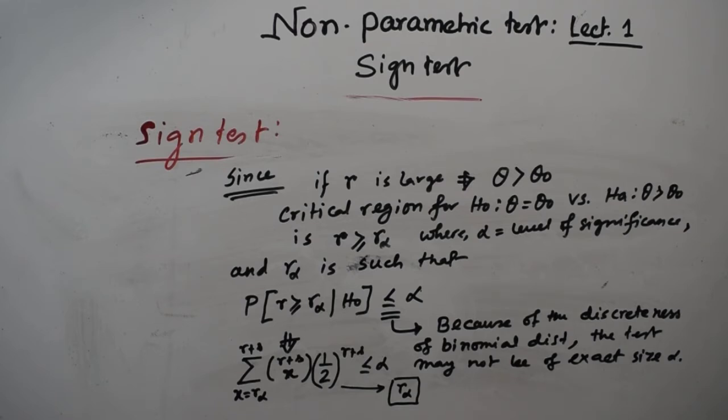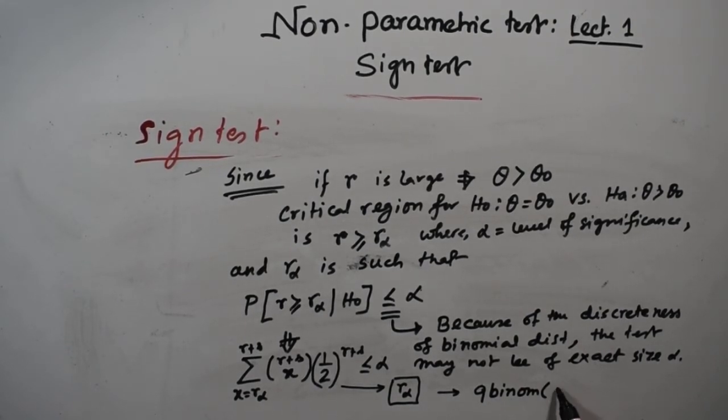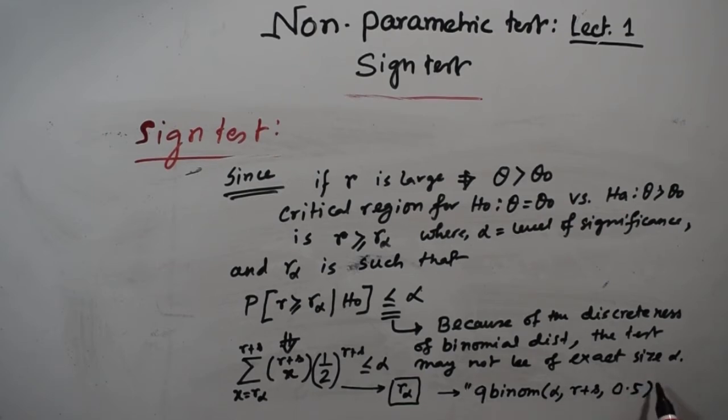For example, if you use R, then you use the code q binom alpha, r plus s, 0.5, and you get this value r alpha.